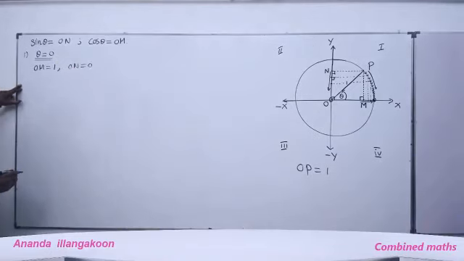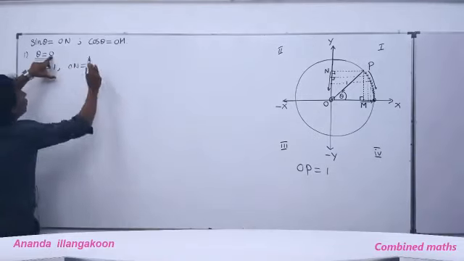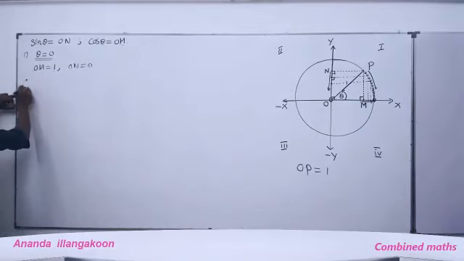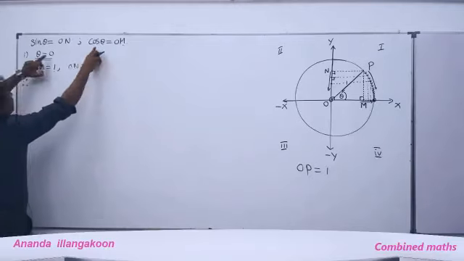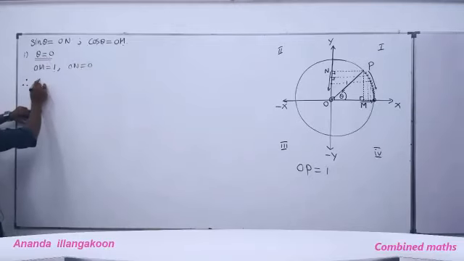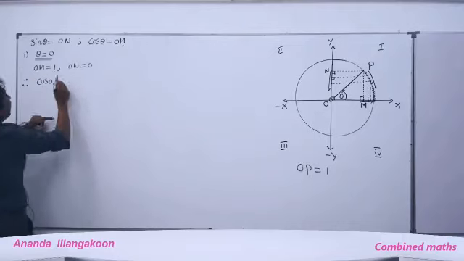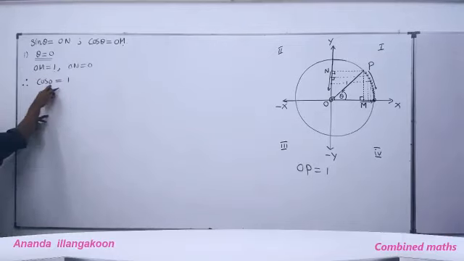Understand? Now we can put this theta 0 here. On that occasion OM is 1. Therefore, you can see, people, theta 0 put here, cos 0. On that occasion OM is 1. Therefore, for the angle 0, cos value is 1. Cos 0 is 1.